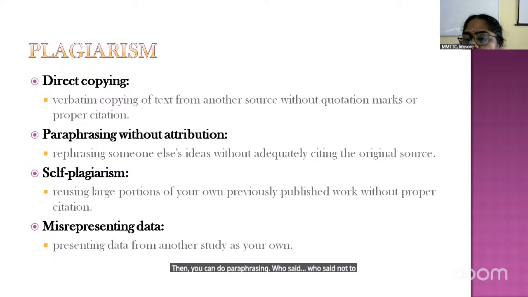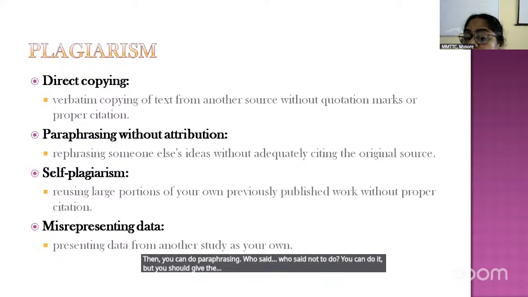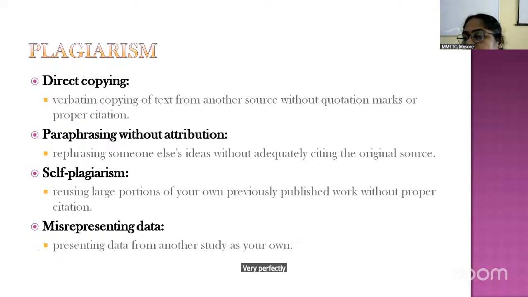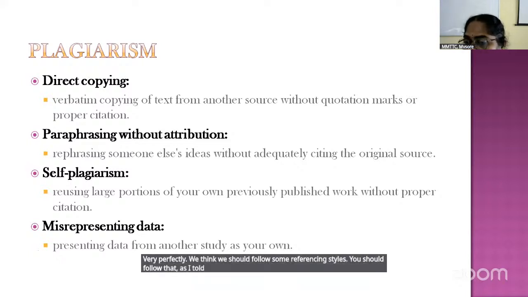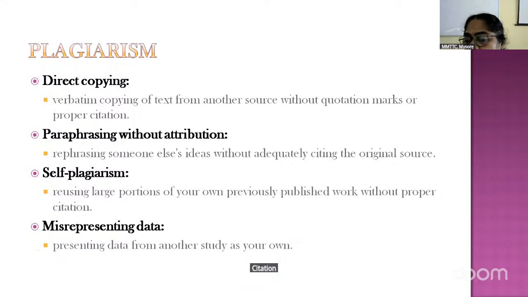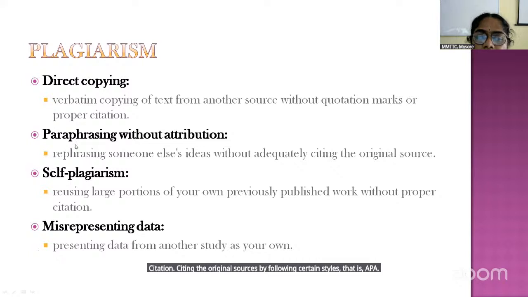You can do it, but you should cite the original sources very perfectly. You should follow some referencing styles, as I told you, APA style, and you should give the citation. Cite the original sources by following certain styles, that is APA, MLA, like that.